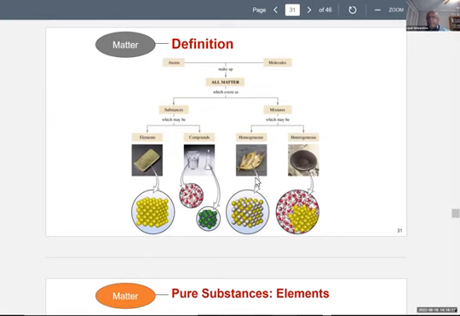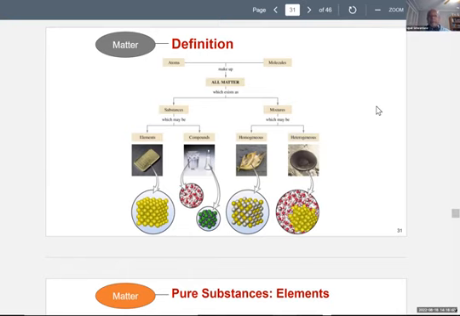We're going to shift gears here and go in the direction of chemistry, the definition of matter. Okay, we told you before, matter is anything that has mass and volume.